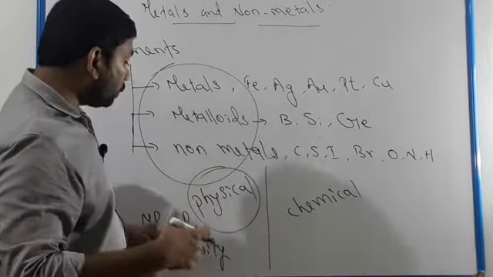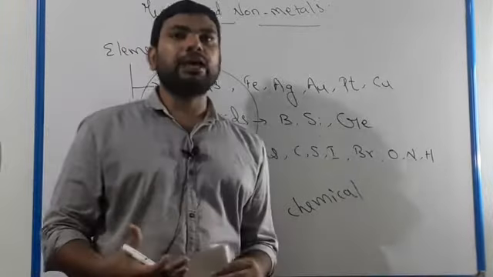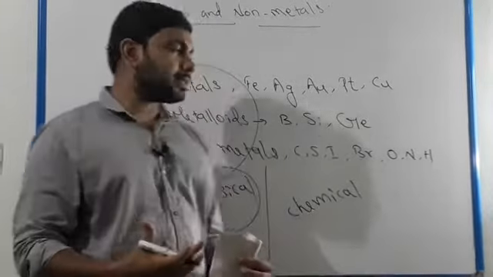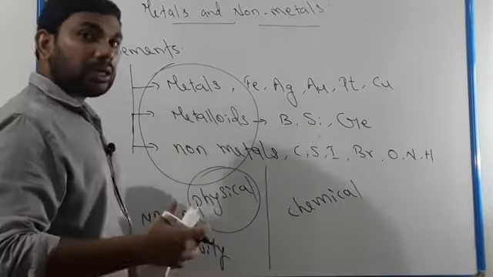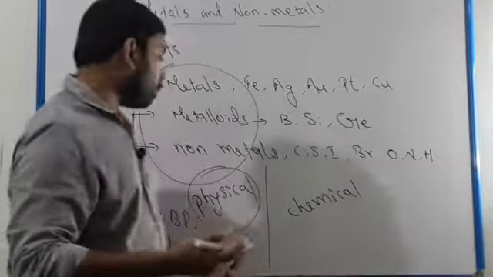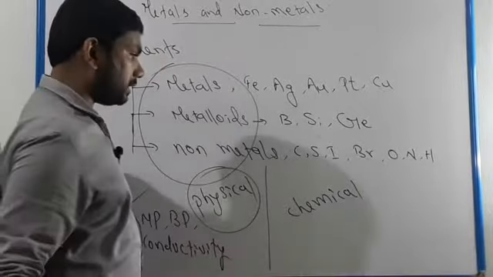Similarly, how they appear: is the metal shiny or not shiny? This type of properties are called physical properties.